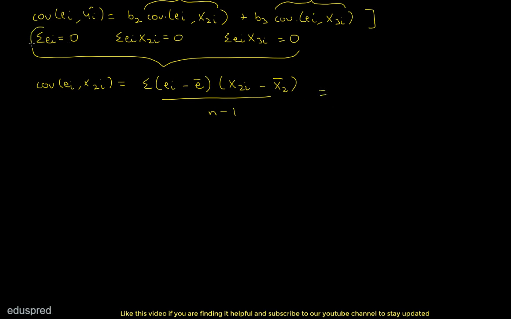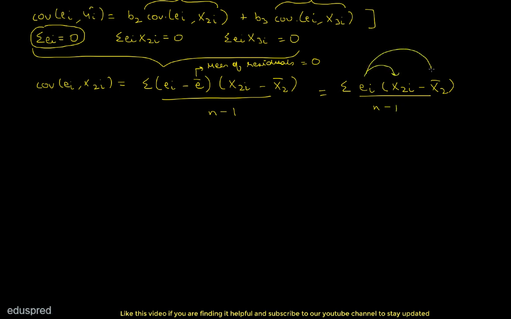We know that summation of ei is equal to 0, and this term that you have over here is the mean of residuals. We know that the sum of residuals is equal to 0. That means the mean of residuals is also going to be 0. So we get summation of ei multiplied with x2i minus x2 bar divided by n minus 1. Now let's multiply these two. I'm going to multiply this with this and this with this.